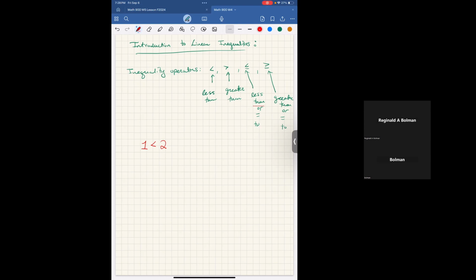We might, on the other hand, use what are known as conditional inequalities to express this idea that there exists a relationship that has multiple conditions. So, for example, you might say 2 is less than or equal to 2. And we would say this is a true statement because 2 is in fact equal to 2. It's not necessarily less than 2. It is in fact equal to 2.